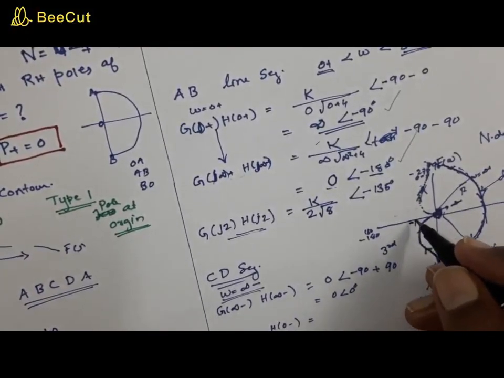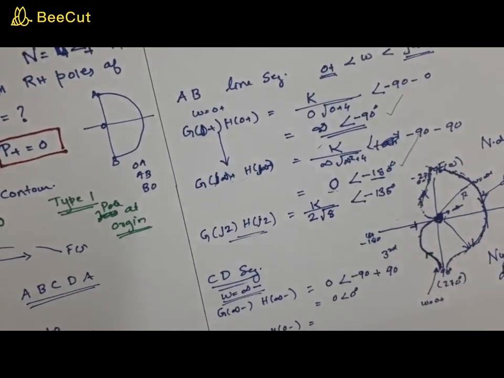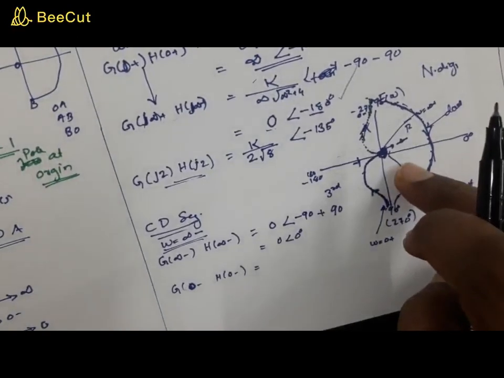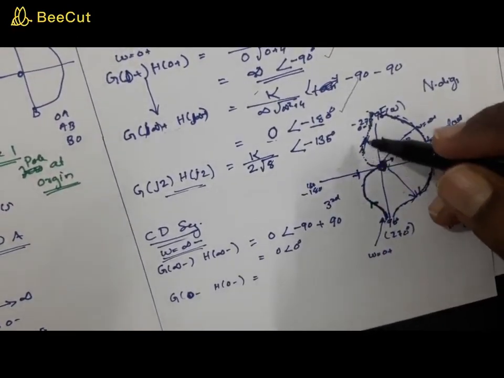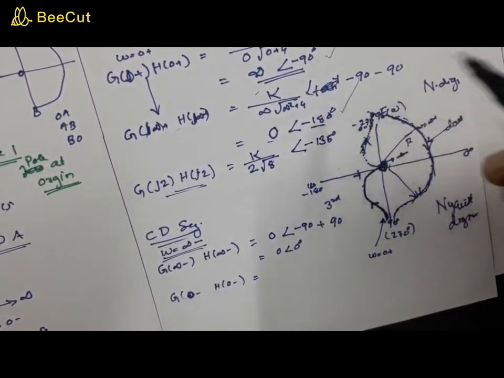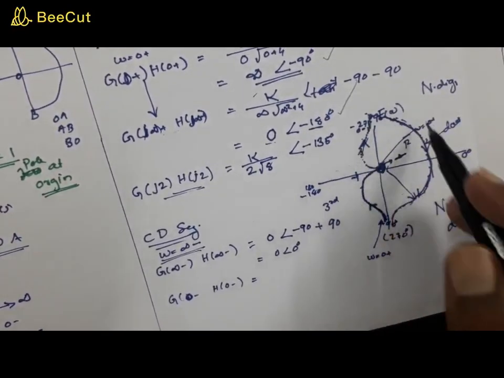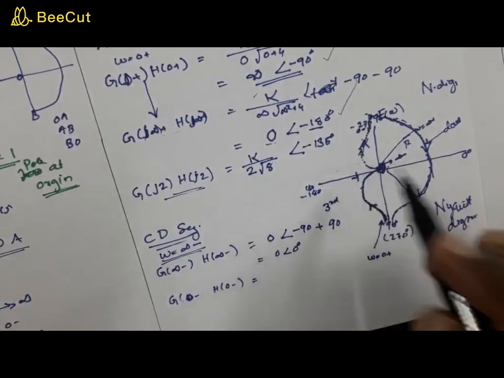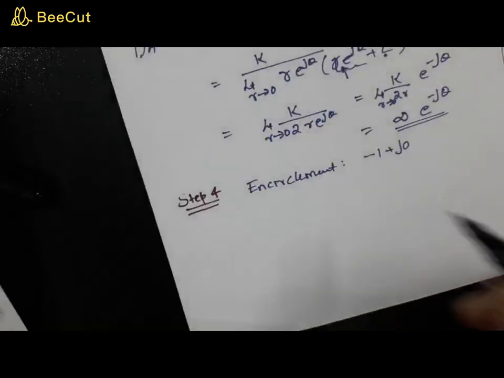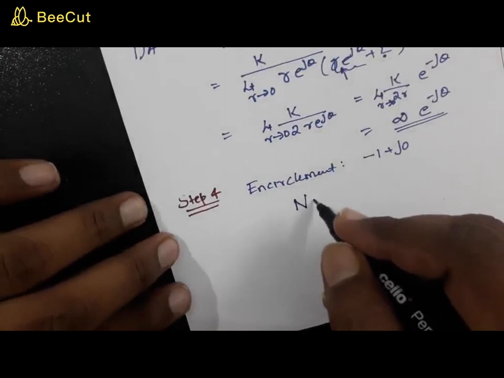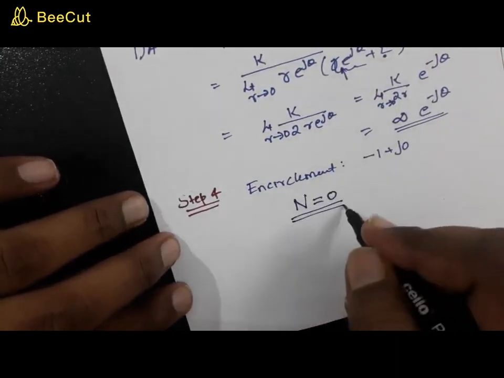This is minus 1 plus j0, right? We need to find the number of encirclements this Nyquist diagram makes around minus 1, 0. Whatever may be the value of omega, the diagram is not going to encircle this point minus 1 plus j0. So the encirclement is 0.